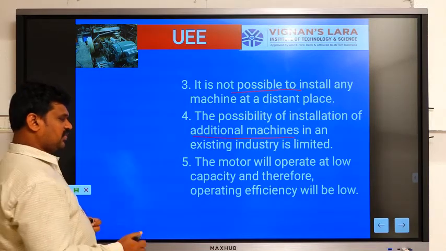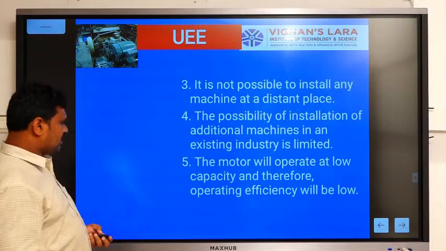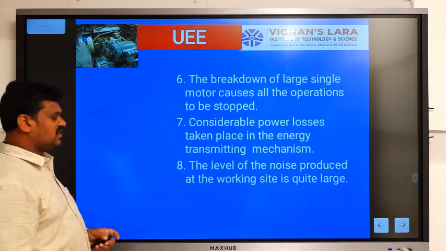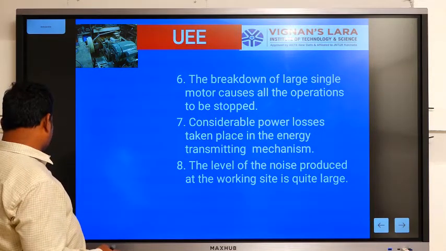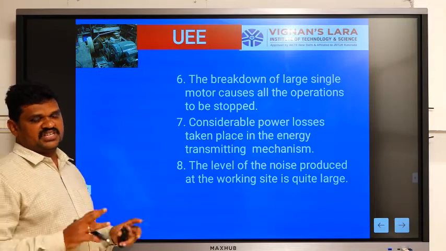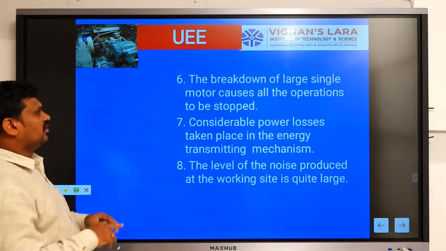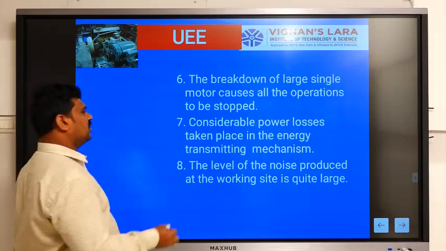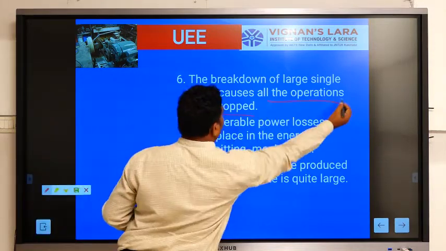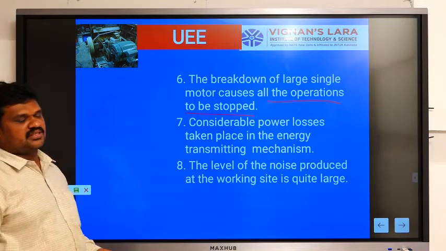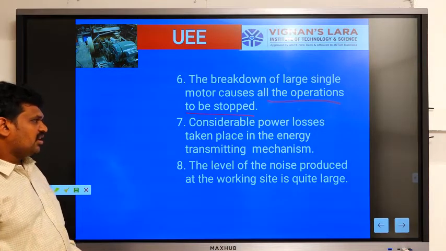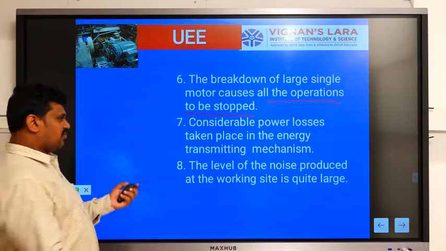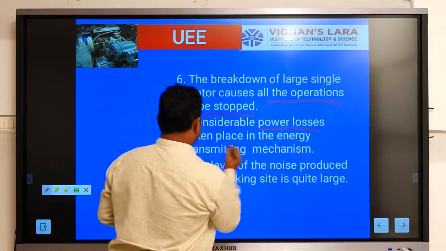That is the problem. Another disadvantage is that if any breakdown occurs in the single motor, the total operation will stop. Considerable power losses take place.